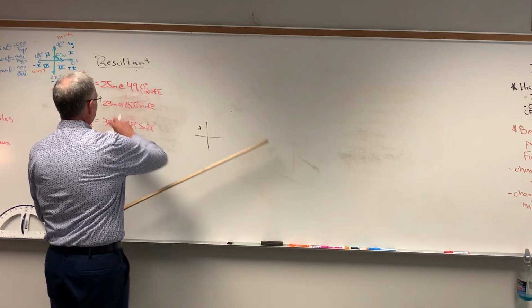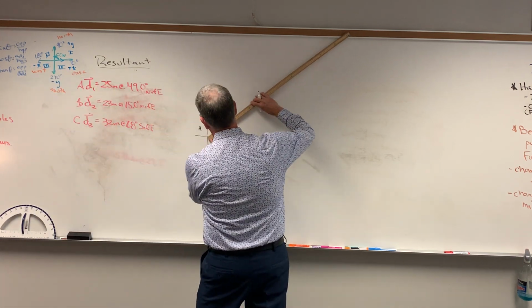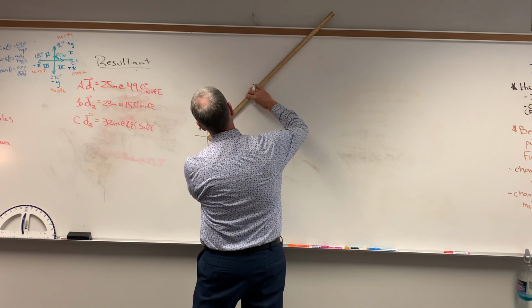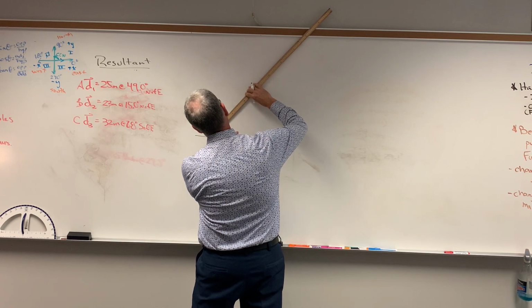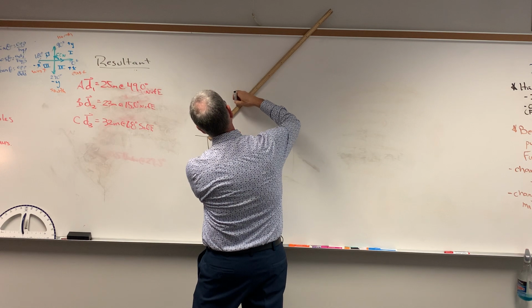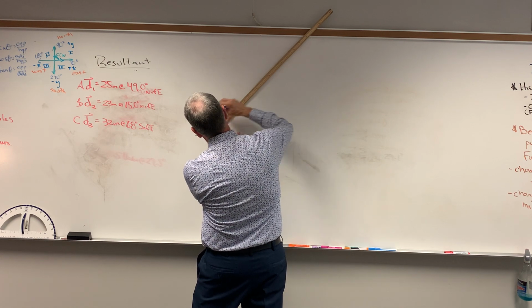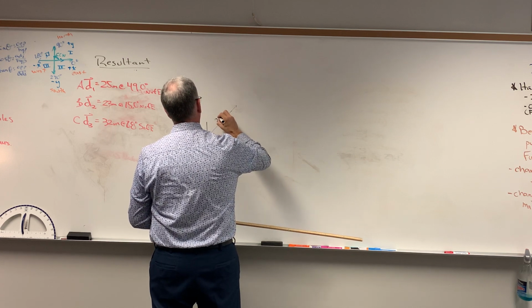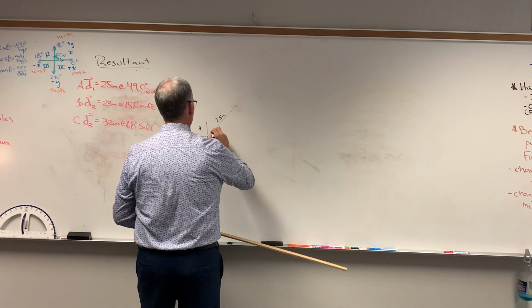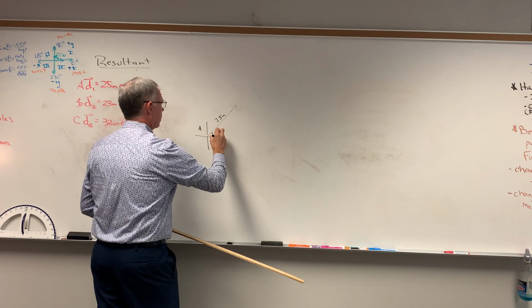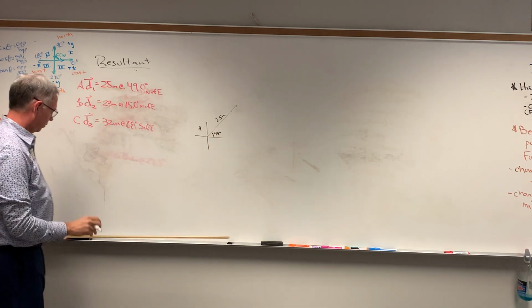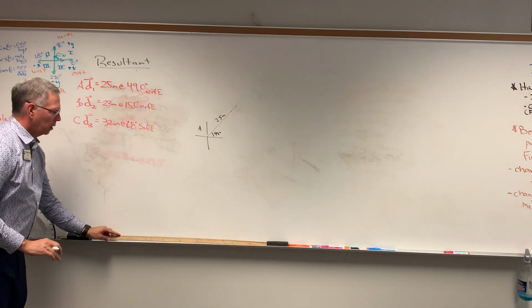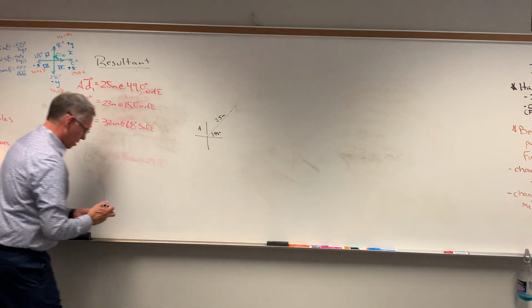Okay, and draw it 25 long. All right, so there's 25 meters and 49 degrees. That's A.